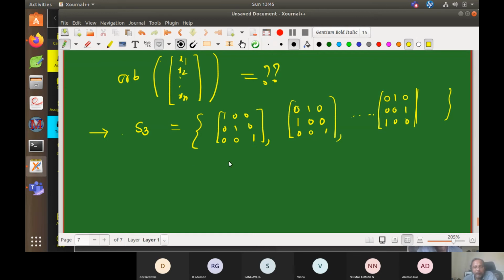Now actually in R3 I am looking at vectors which are fixed by all of these. What do you mean by that? Can somebody tell? K times 1 1 1.